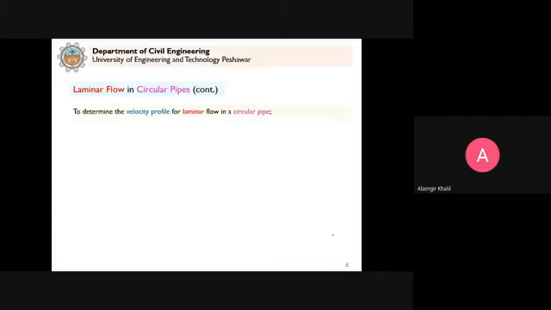Now to determine the velocity profile for laminar flow in circular pipes, we already discussed that for laminar flow the shear stress is given by this equation, Newton's law of viscosity, where mu is the dynamic viscosity and du by dy is the velocity gradient. Clear?